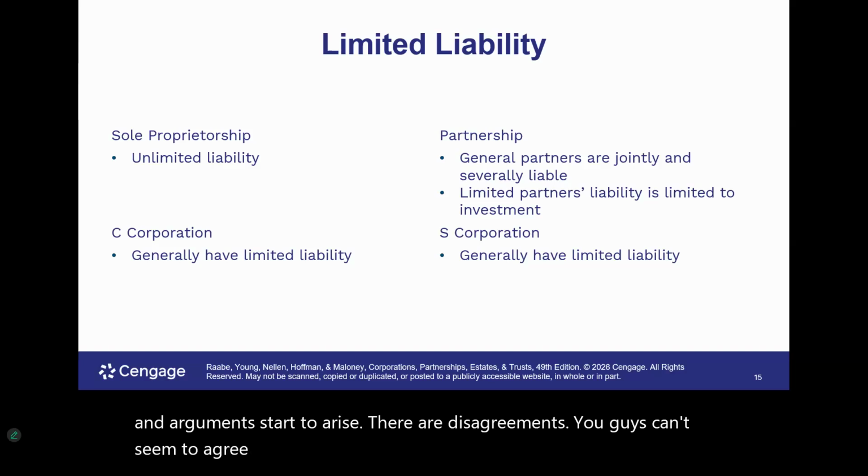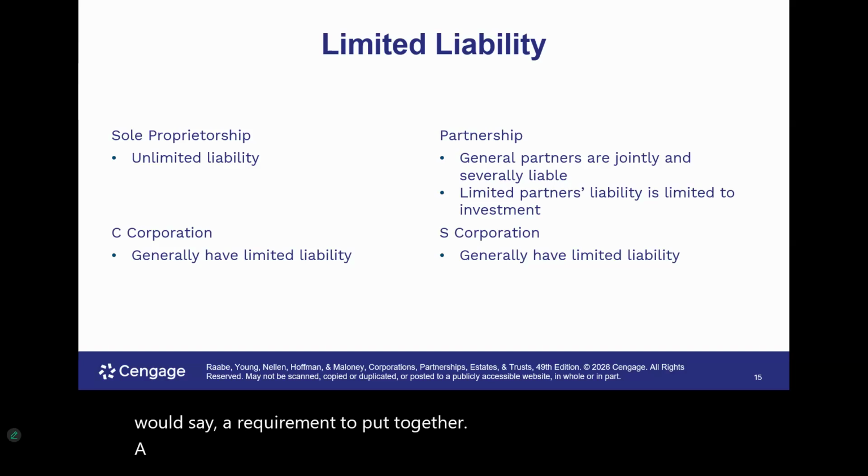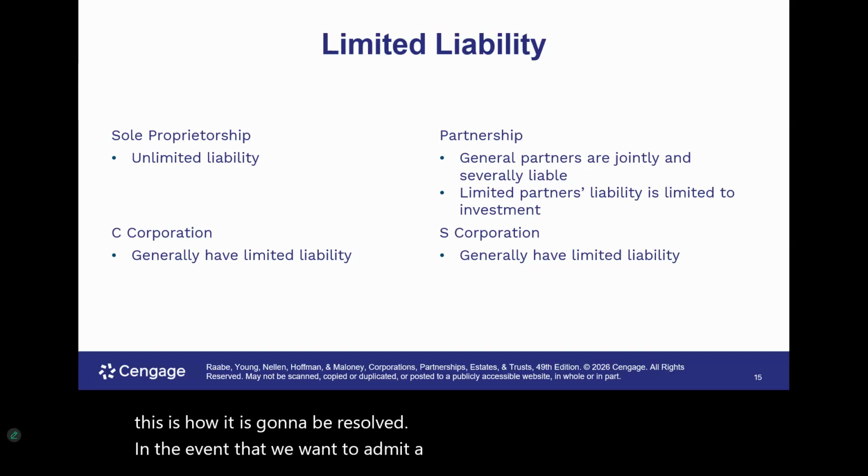So with a partnership, it is recommended, I would say a requirement, to put together a partnership agreement. Hey, in the event that there's a disagreement, this is how it is going to be resolved. In the event that we want to admit a new partner into the partnership, this is how it's going to work.